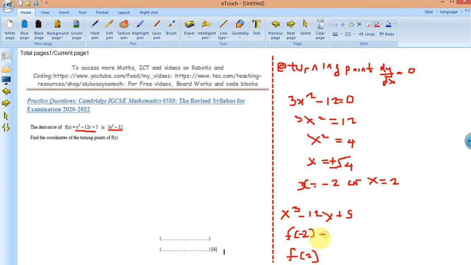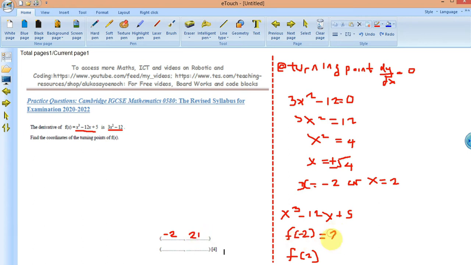So what is f of minus 2? That is minus 2 raised to the power of 3, minus 12 into minus 2, close the bracket, plus 5. That is 21. So the first coordinate is minus 2 and 21.